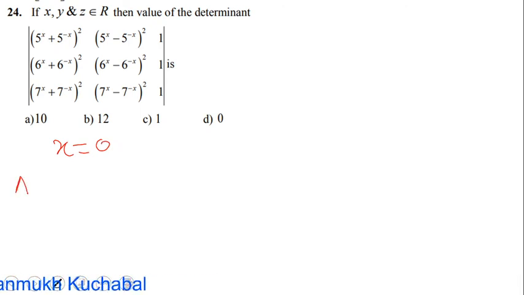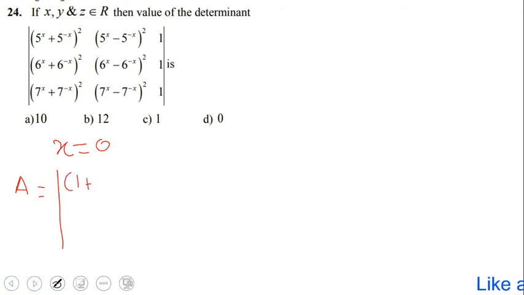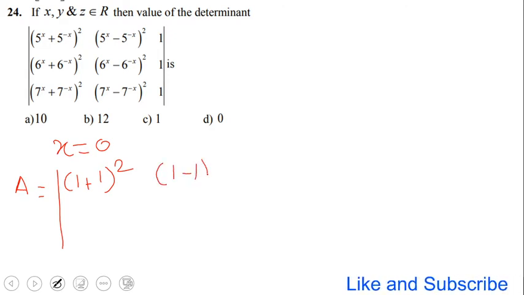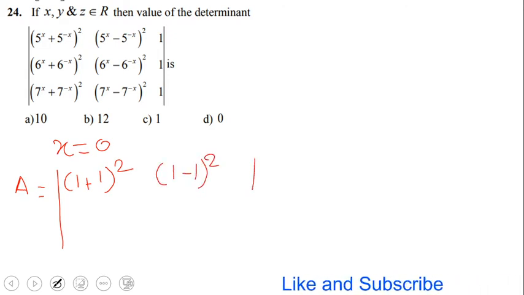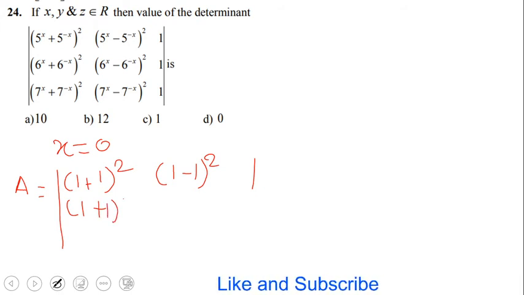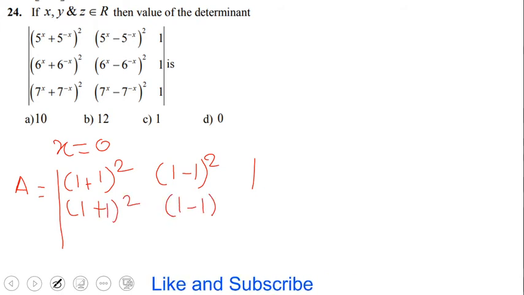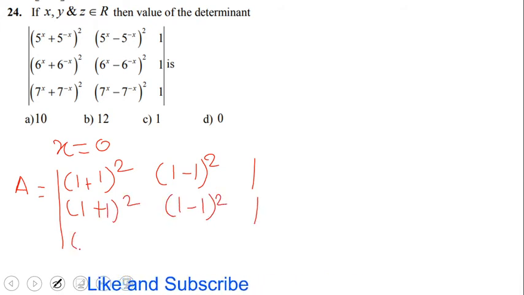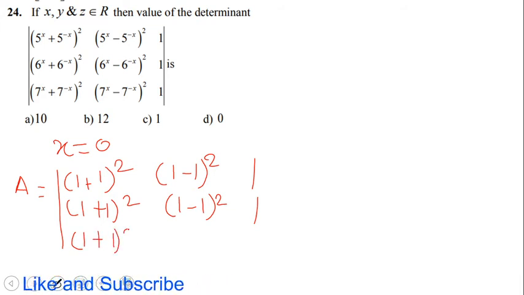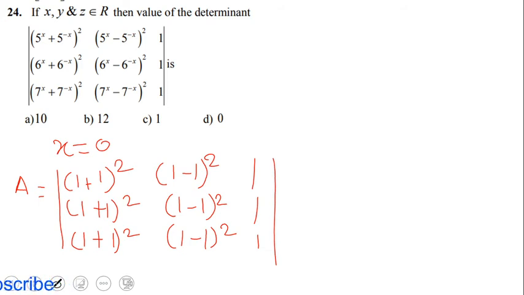So this will become 5 raised to 0, 1, 1 raised to 2, next 1 minus 1 raised to 2, 1, then 1 plus 1 raised to 2, 1 minus 1 raised to 2, 1, and so on.